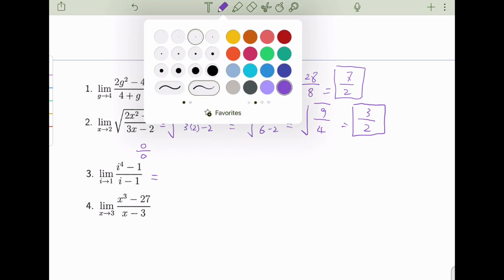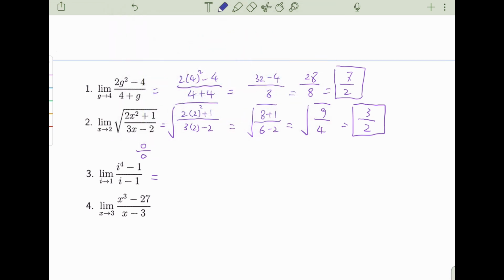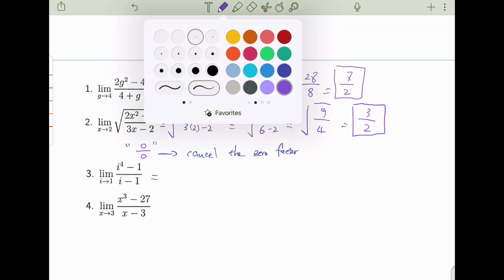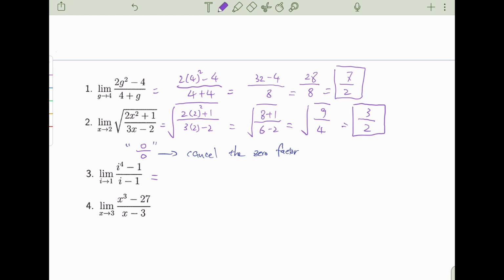For this type of limit, we will need to do something: cancel the zero factor. What does it mean to cancel the zero factor? The zero factor is a factor that makes the expression zero. As long as you cancel that out, you will be able to plug in after that.